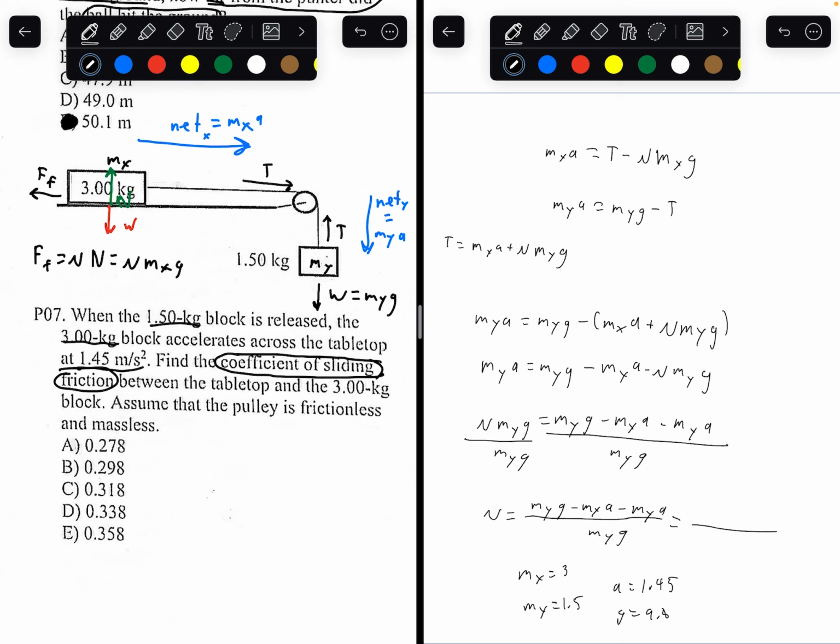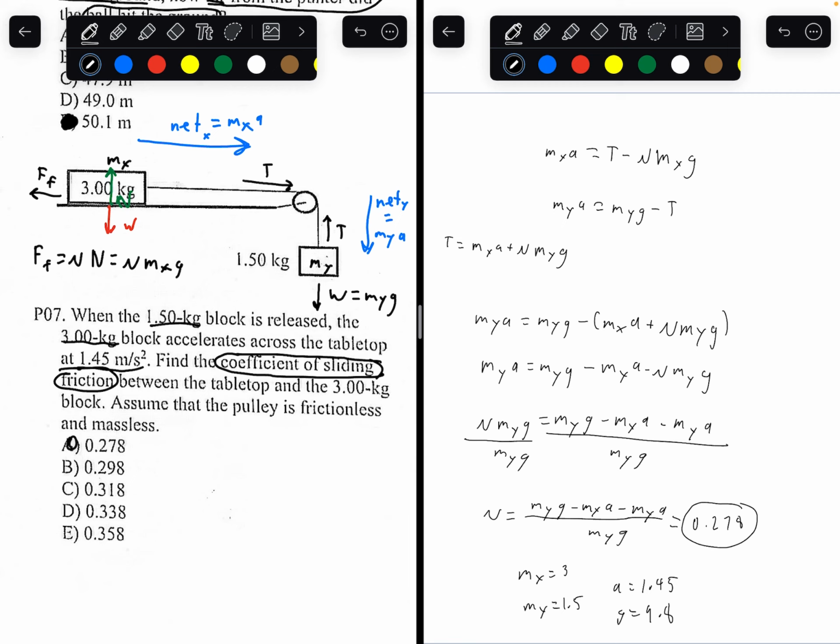So plugging everything in, the final answer for this question would be 0.278.